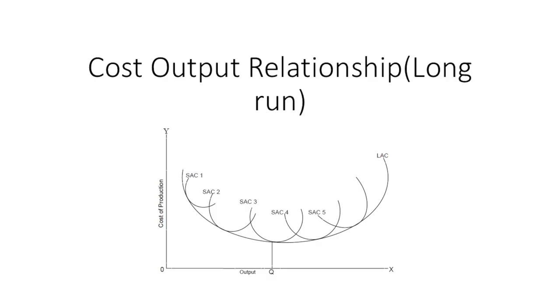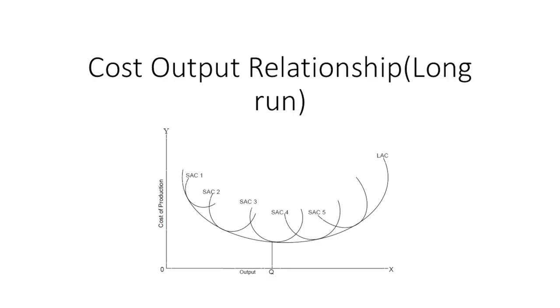Here in this figure, we can see the y-axis is the cost of production and the x-axis is the level of output. We can see multiple short run average cost curves, SAC1, SAC2, SAC3, SAC4 and SAC5.